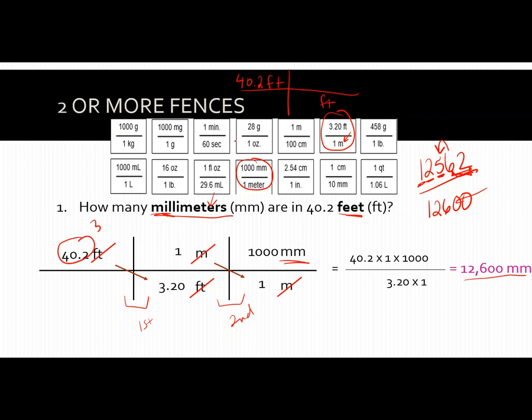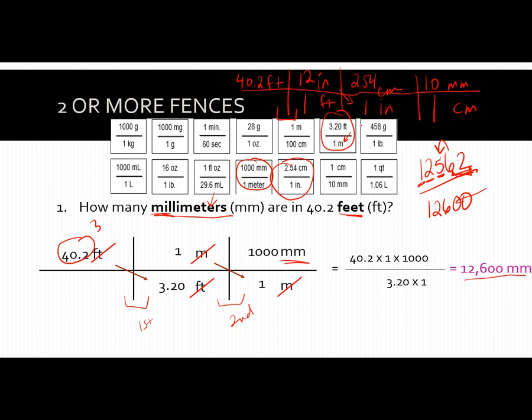But if you know off the top of your head that 1 foot equals 12 inches, you could have done that one and then used inches to centimeters. So you could have done inches down here to centimeters on the top. So 1 inch is 2.54. And you could have gone 1 step further and done centimeters to millimeters, and there's 10 millimeters in 1 centimeter.